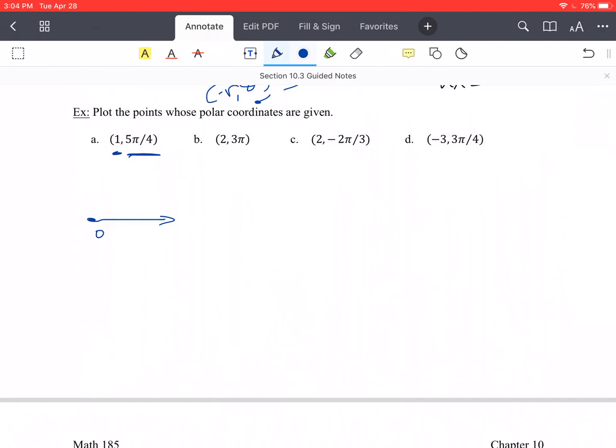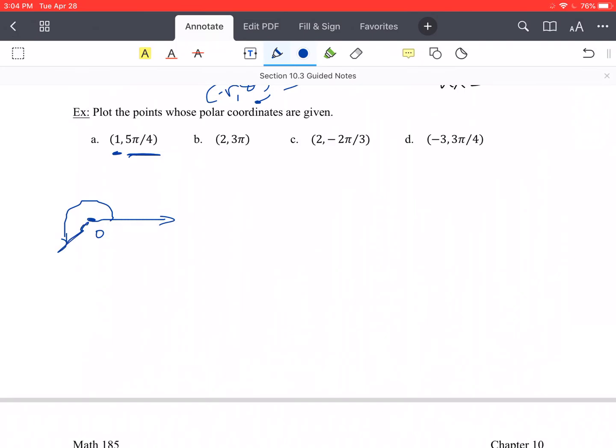So 5 pi over 4. So you are going to need to brush up on your unit circle a little bit. You do need to know where all this stuff is. So 5 pi over 4, that's going to be pi plus another pi over 4. So that's going to be right about here.